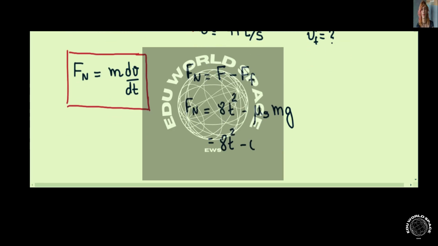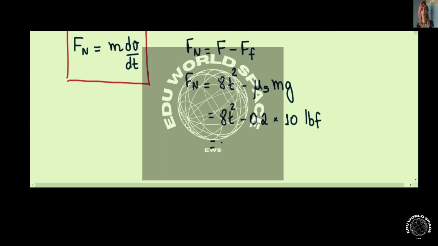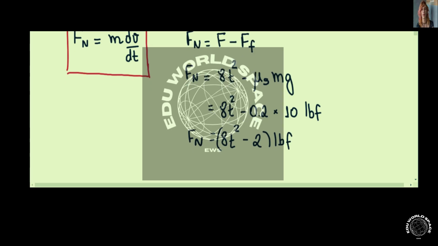Now mu s is 0.2, m is 10 pounds, and 1 pound times g is 1 pound force. So instead of writing pounds times g, I'm going to write pound force. So this is equal to 8t squared minus 2, and this is all in pound force. So this is the net force.